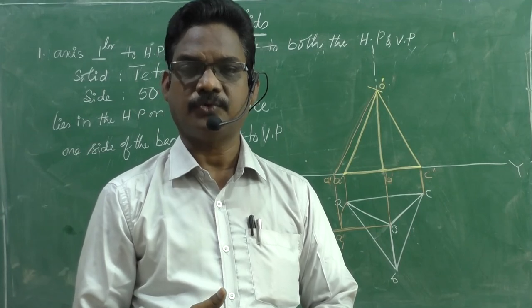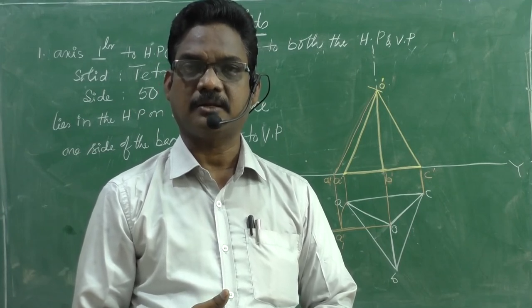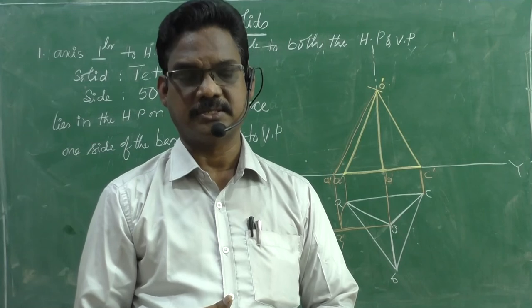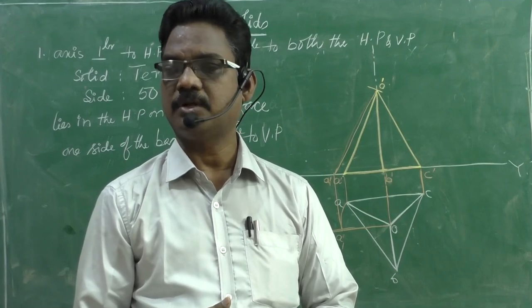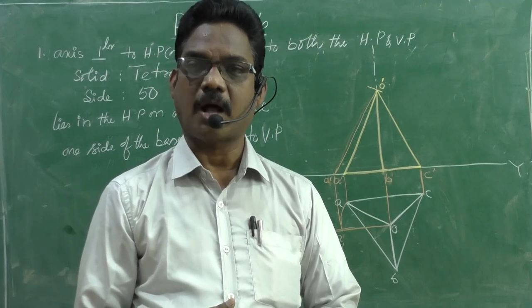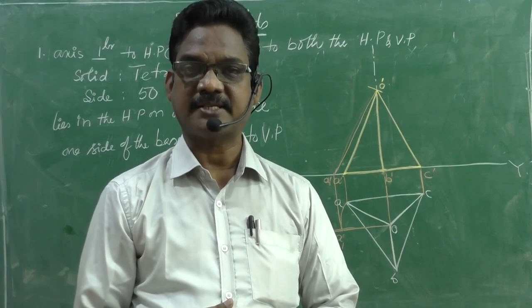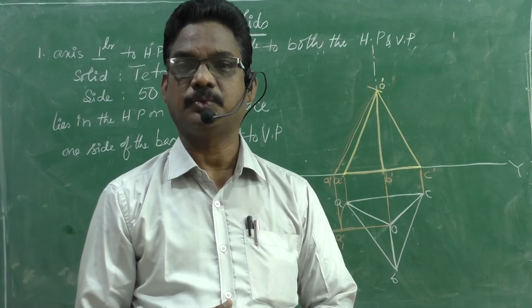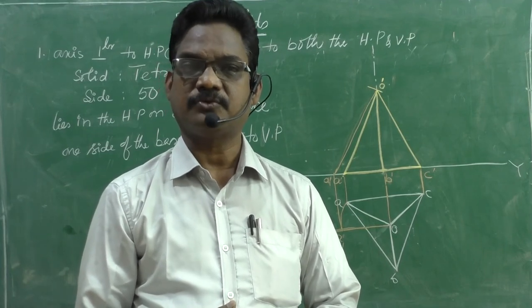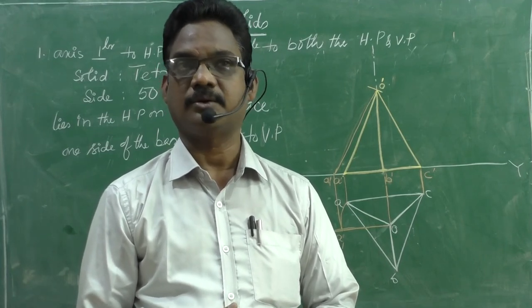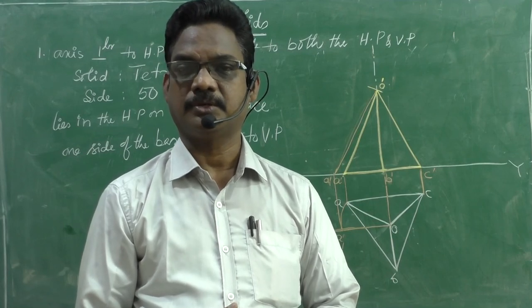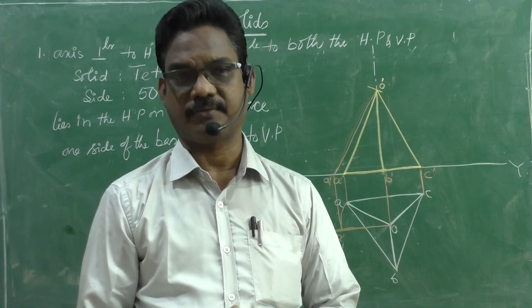Therefore, in the top view we can see the true dimensions. Therefore we need to draw the top view first. Another thing, when the axis is perpendicular to VP, the respective face is parallel to VP. Therefore we need to draw the front view first.